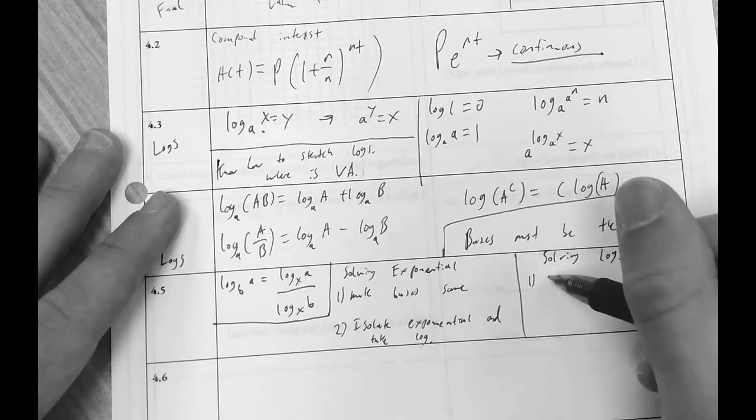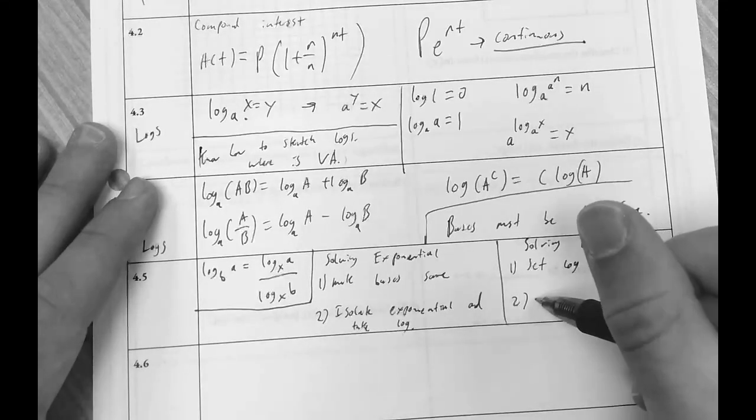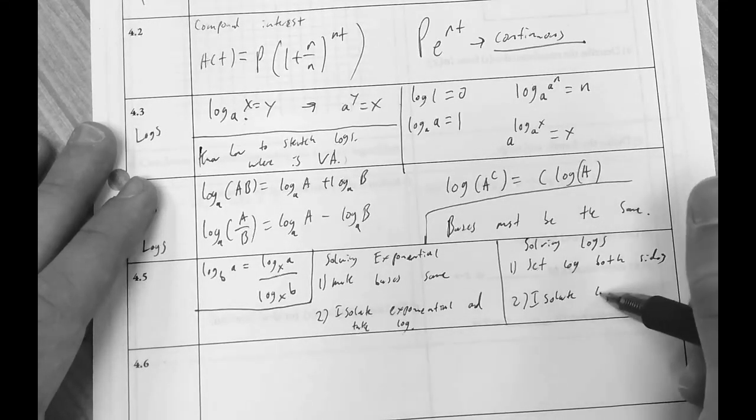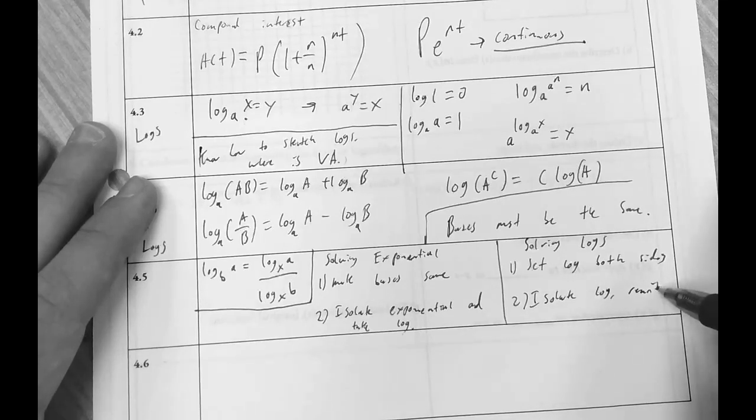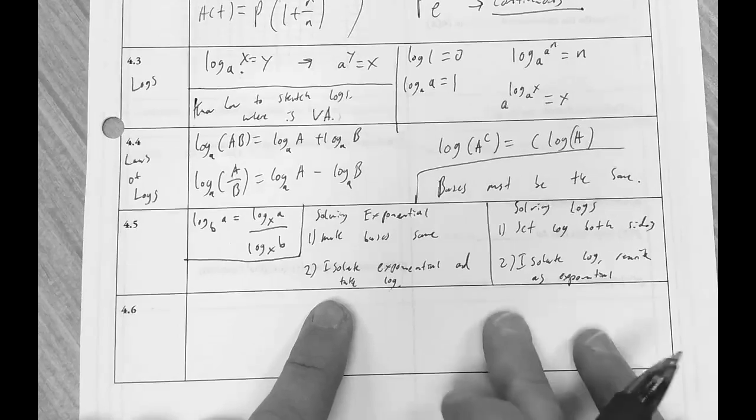For logs, similar, it's either one, set log both sides, or two, isolate the log and rewrite as exponential. So the two methods are very similar. It's either you're making the bases the same, making the logs the same on both sides, or you're isolating the exponential or isolating the log and then you rewrite it as the other version. Okay? That is solving equations, and we'll do some of that in the packet.